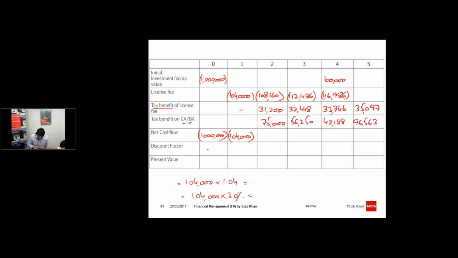Okay, the figure for third year, can anybody tell me the figure for second year? For second year, it's 1960. What's the net figure for year 2? Okay, 10860.